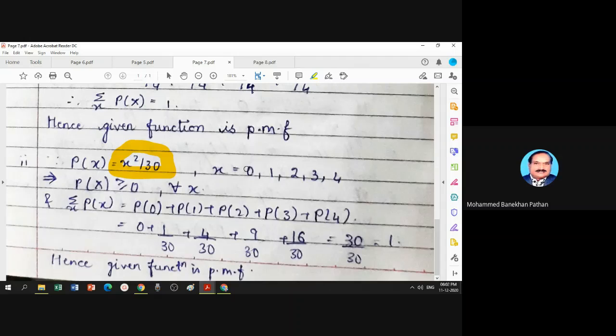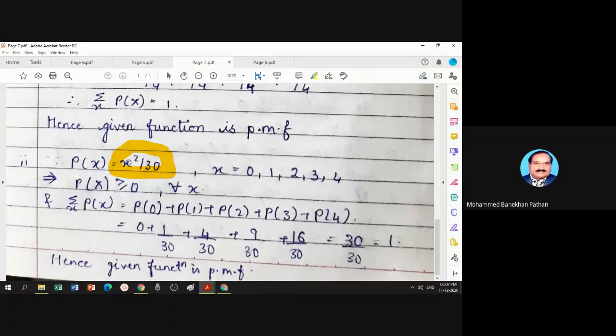So for every value of x, x square is positive. So I can easily claim Px greater than equal to 0 for all x. What about the total? Summation Px equal P0 plus P1 plus P2 plus P3 plus P4.